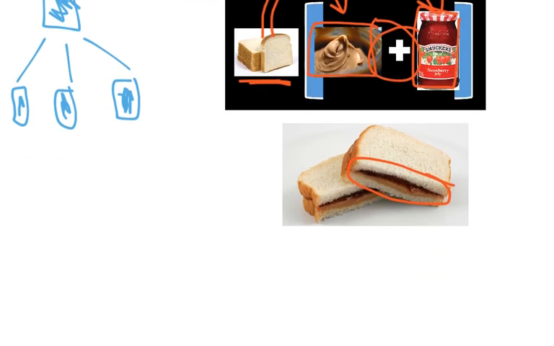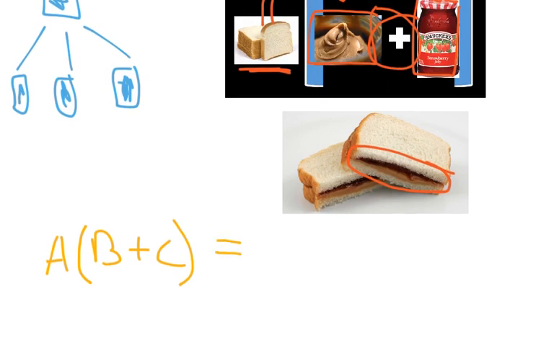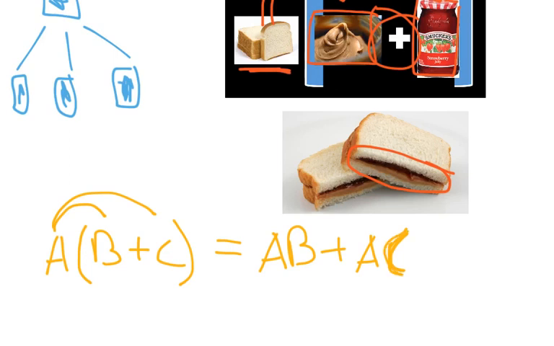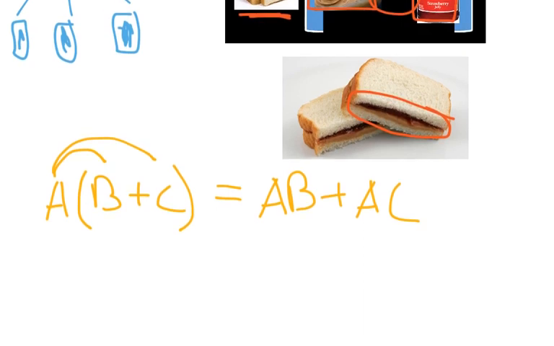You are taking a number, A, and you're going to multiply it by the sum of other numbers. And what you do is you take the A, you distribute it to the B and the C through multiplication. A times B plus A times C. And so again, what this allows us to do is distribute some numbers.